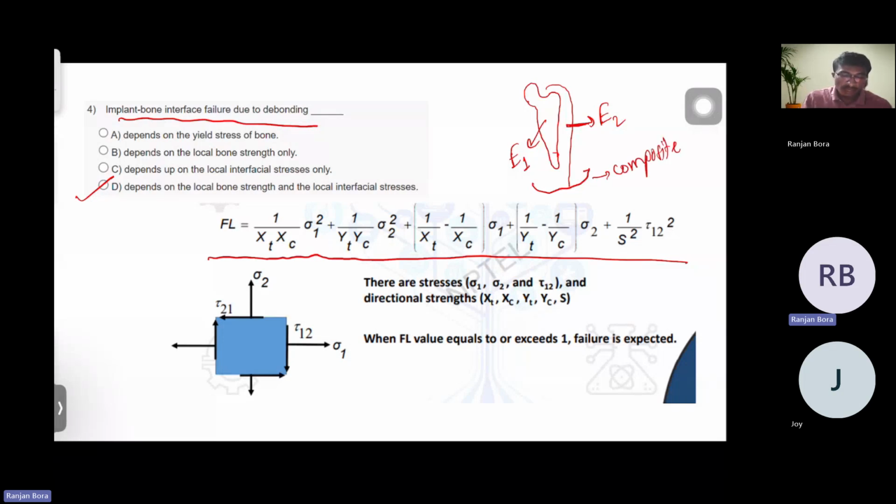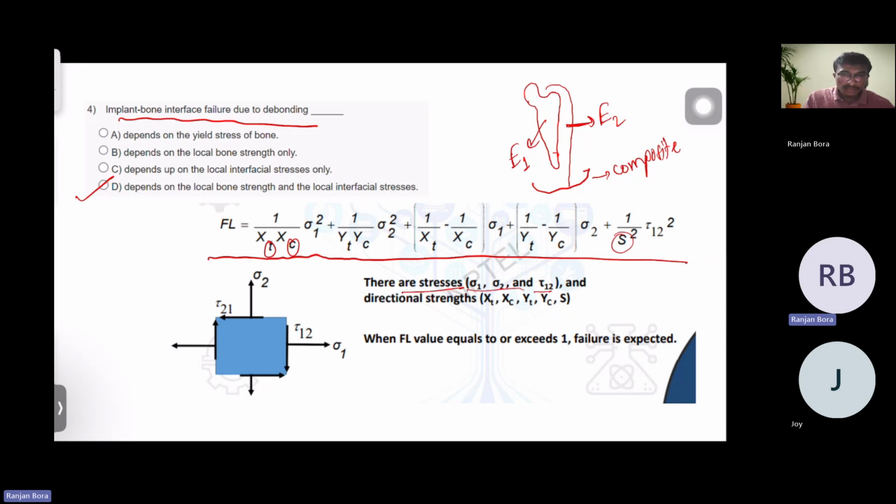So we can apply Hoffman's failure criterion like this equation. In this equation, X represents the strength values in the x direction, and Y represents the strength values in the y direction. T and C represent tensile and compressive, sigma 1, sigma 2 and tau 12 are the stresses, and S is the shear strength.